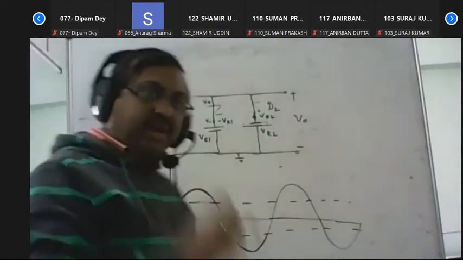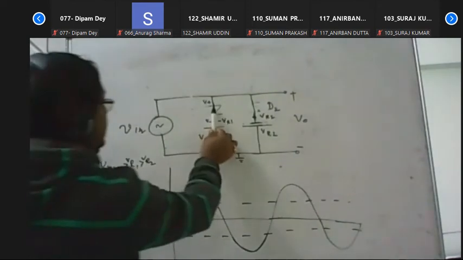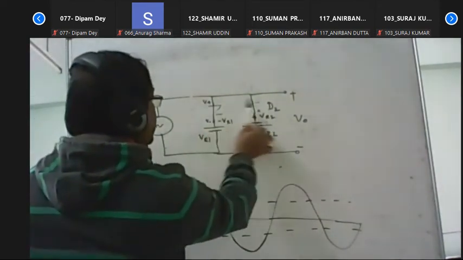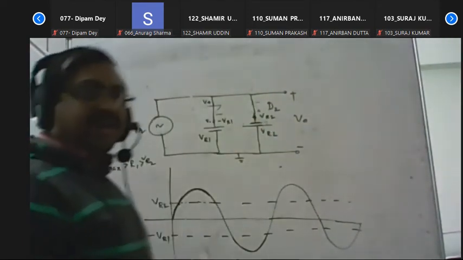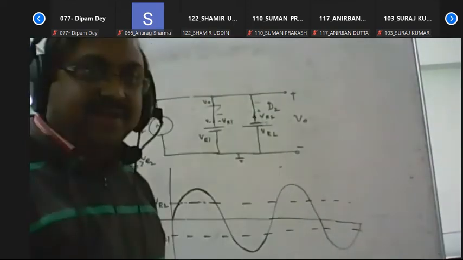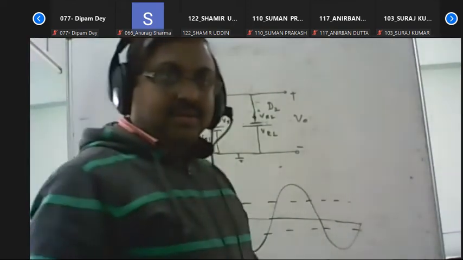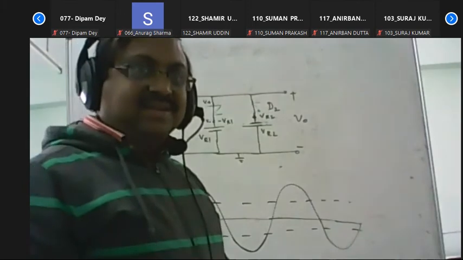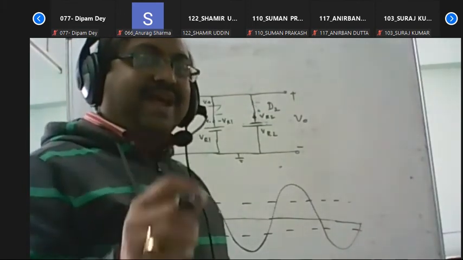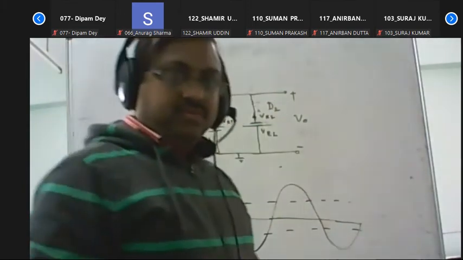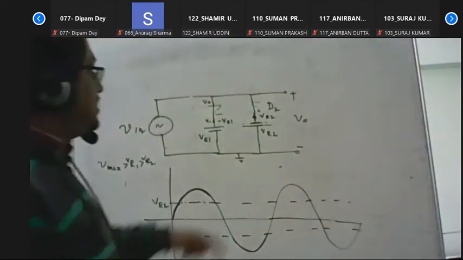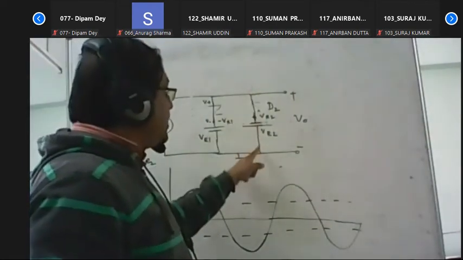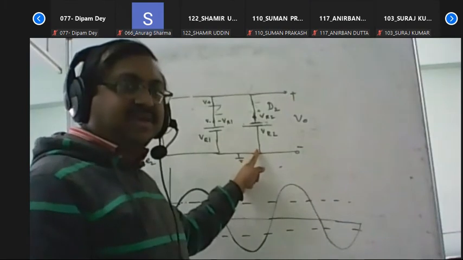And if both diodes are on, then we see that this voltage will be in parallel. And we know that if two voltage sources are connected, no meaning. In that case, the output voltage will be clamped at the minimum value. Minimum value means here we see the voltage across these two terminals is minus VR2.